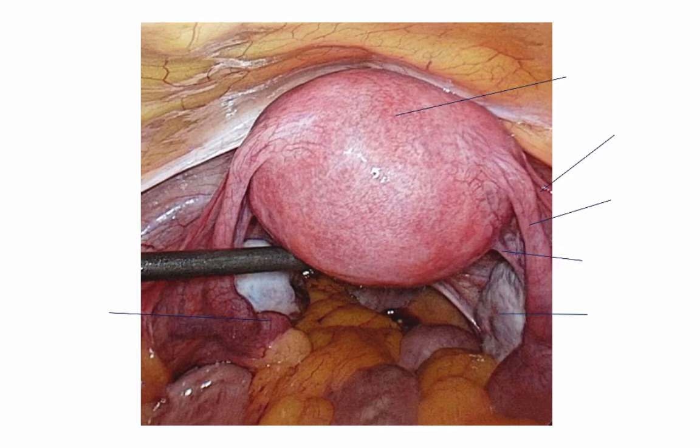So in this image, we see some of the internal reproductive structures of the female. We've got the uterus here. A fallopian tube here. Ovary.